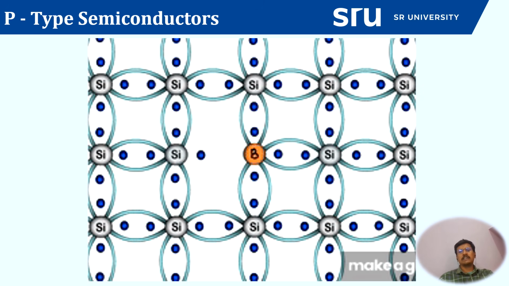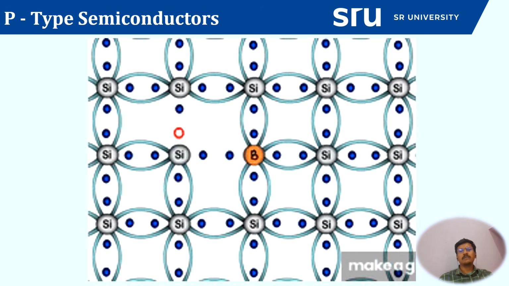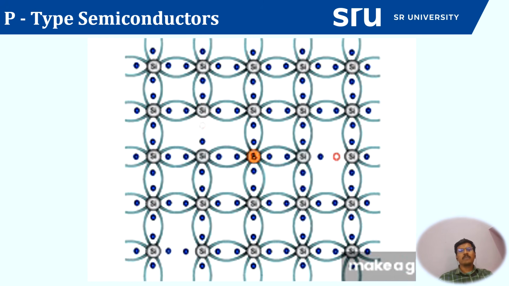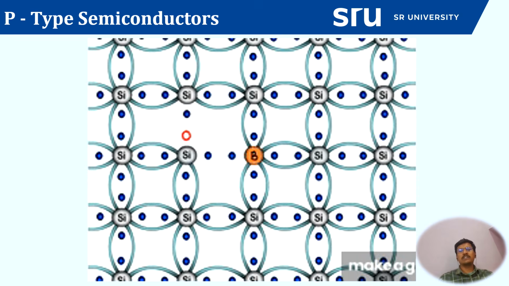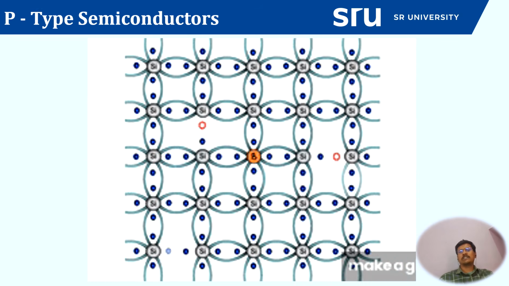The empty seat is moving away. In a similar way, the electrons and holes are transporting in two opposite directions. Electrons are moving in one direction, and the hole is moving in the opposite direction.